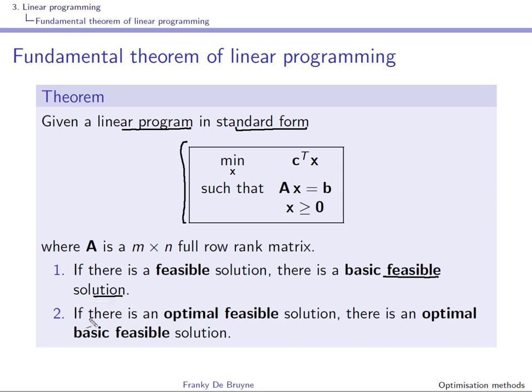And it says that if there is an optimal feasible solution, then there is also an optimal basic feasible solution. So this theorem tells us that we can restrict our search to basic feasible solutions.